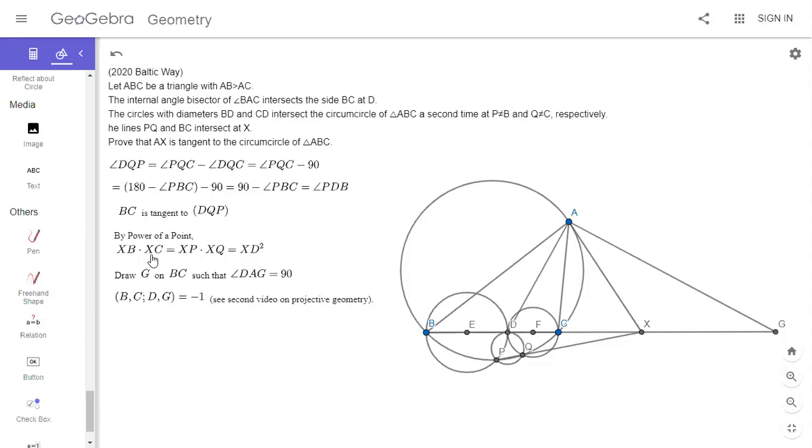I'm trying to think, how does it follow from XB times XC is equal to XD squared that X is the midpoint of BG? I've seen this fact before. Is there a fast way to see it without algebra bashing?